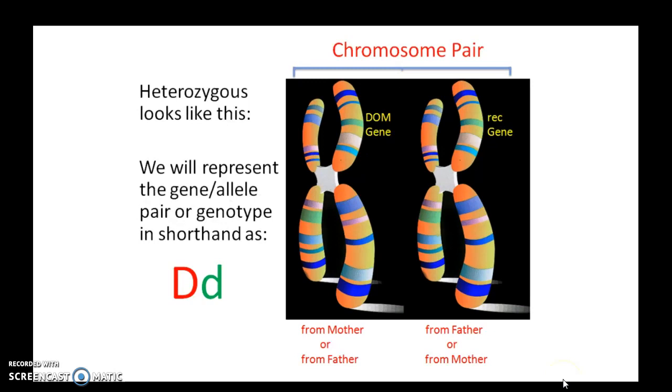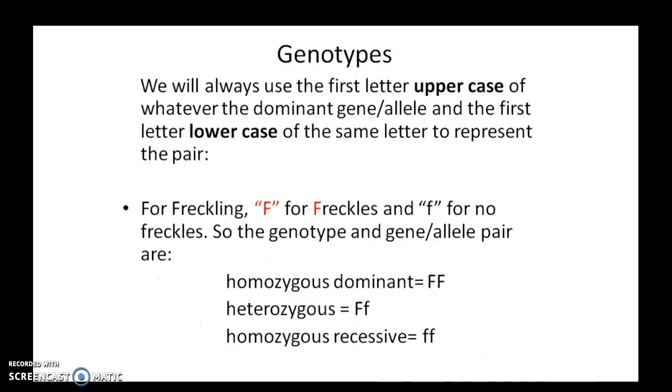And this is what heterozygous would look like. You get a dominant gene from one parent and a recessive gene from the other parent, so we have to write a capital D and a lowercase d as your gene pair. Heterozygous, two that are different. We will always use the first letter of the uppercase in whatever the dominant gene or allele is, and the first letter lowercase of the same letter to represent the pair.